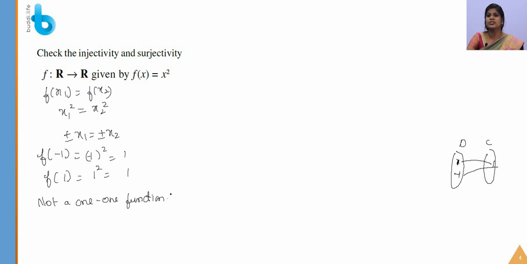Okay, next we'll check for onto function. Suppose let me take y equal to minus 2, that is, I am taking an element y equal to minus 2 from the codomain. y equal to minus 2 belongs to the codomain R. We will write codomain because both domain and codomain are R, so to avoid confusion, we will write codomain.